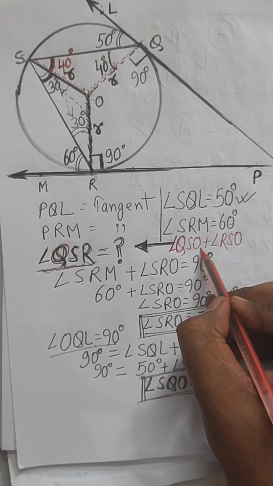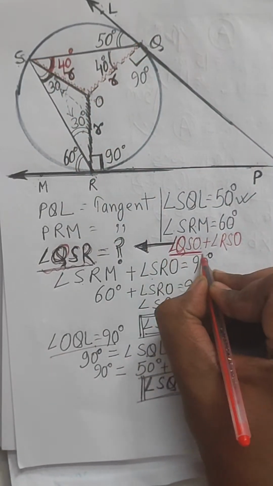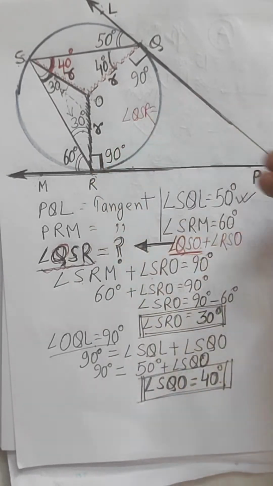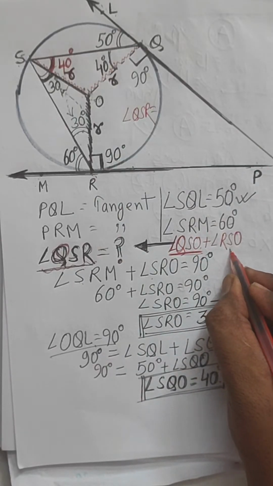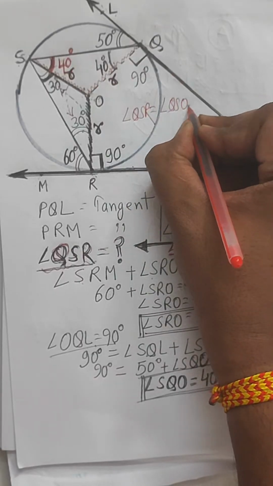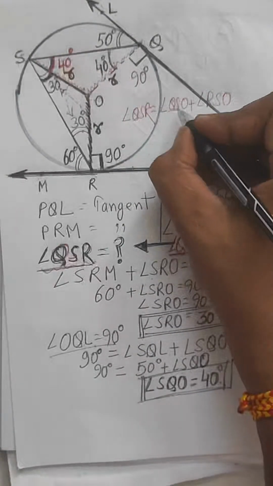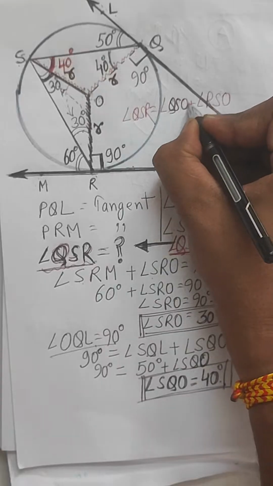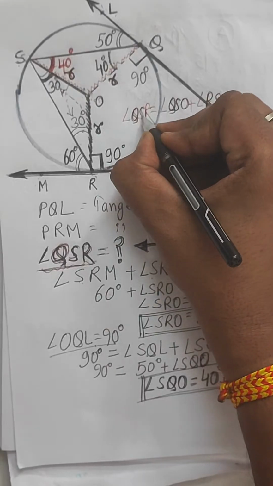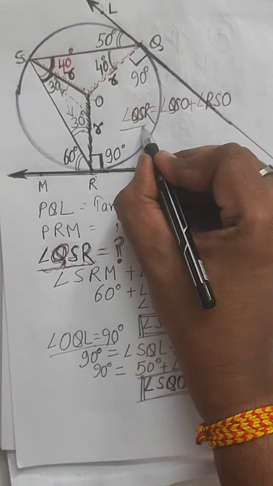QSO is 40, so I'm writing it over here. It will be better. Angle QSR is equal to angle QSO plus angle RSO. I think it's visible to you. The sum of QSO and RSO will give the value of angle QSR, which is our requirement.